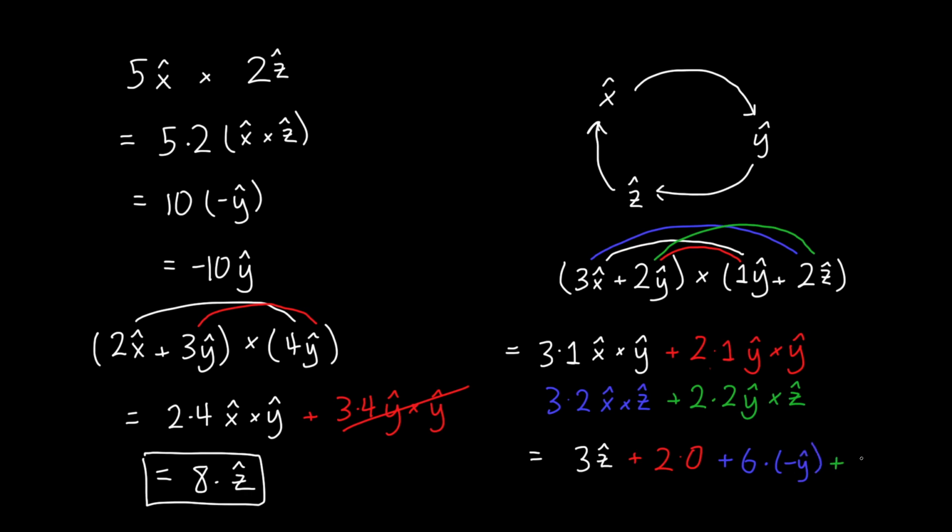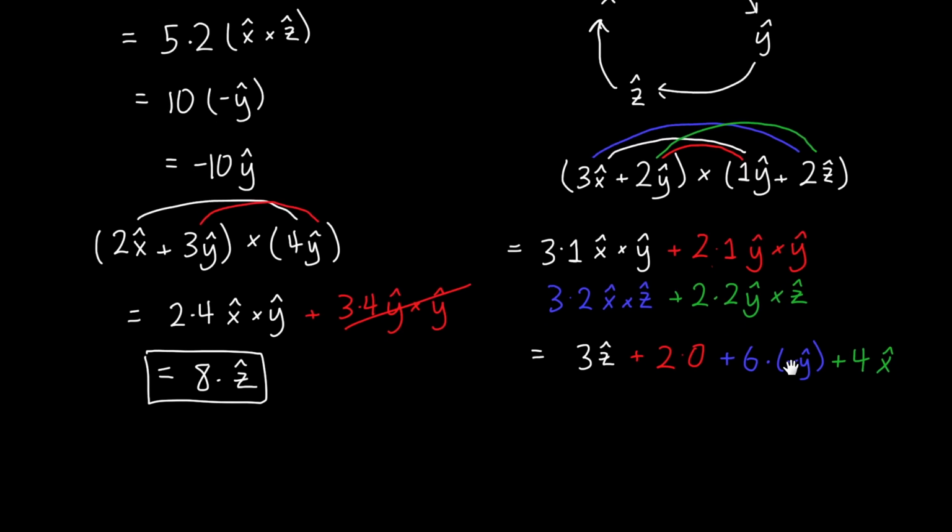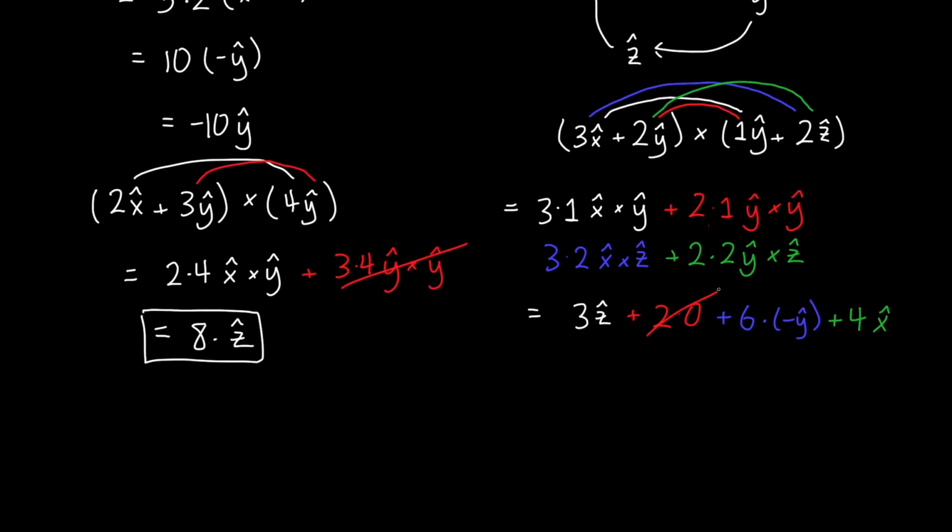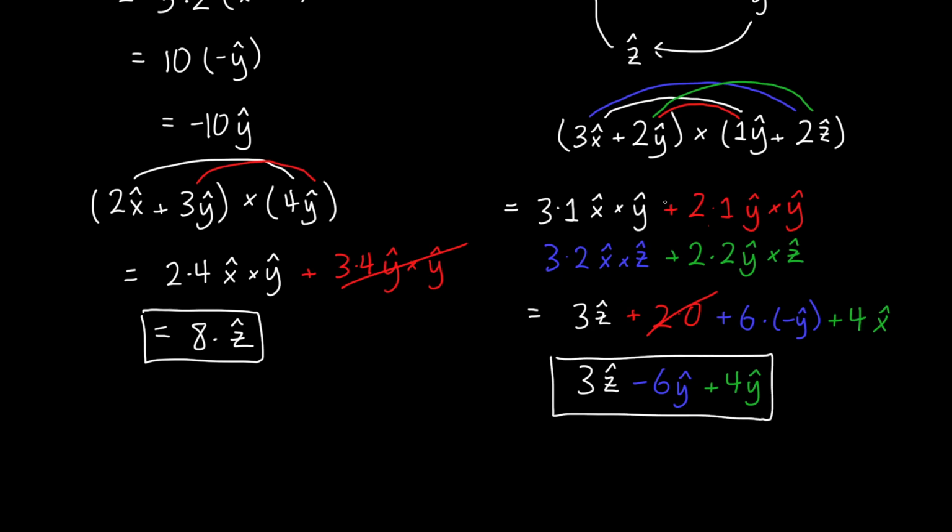And then our last term, we've got 4, which is 2 times 2, and then y cross z, we're going in the right direction, so that's just a positive x hat. And so this 0 goes away, and we're left with 3z hat minus 6y hat plus 4x hat. And that's our answer.